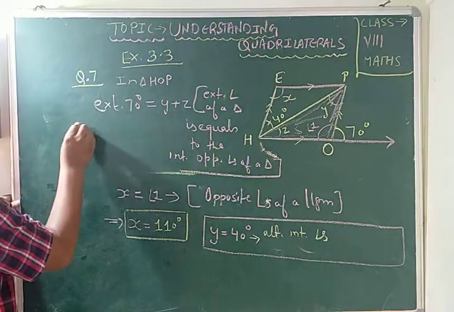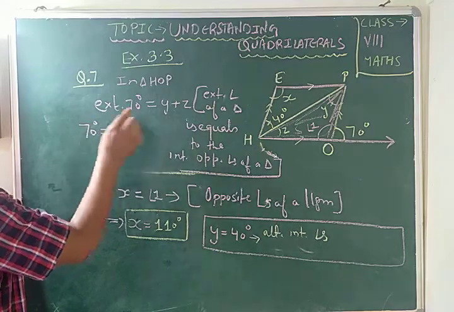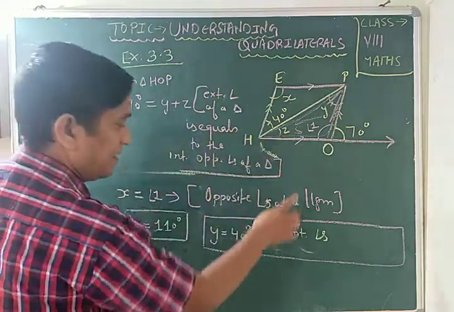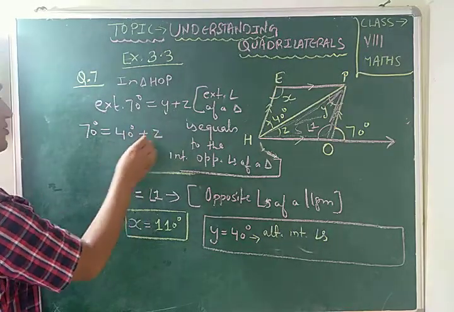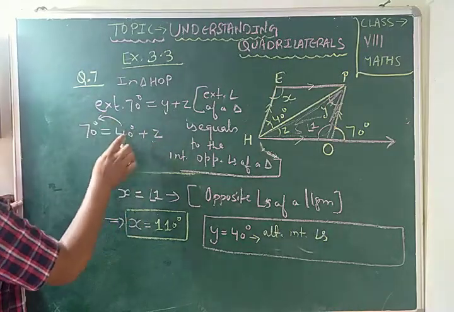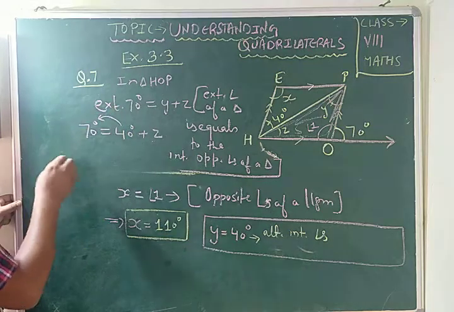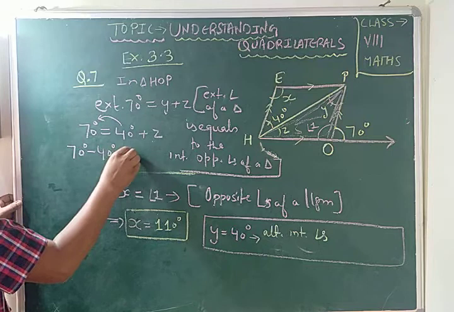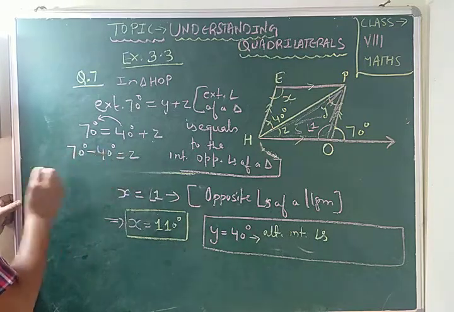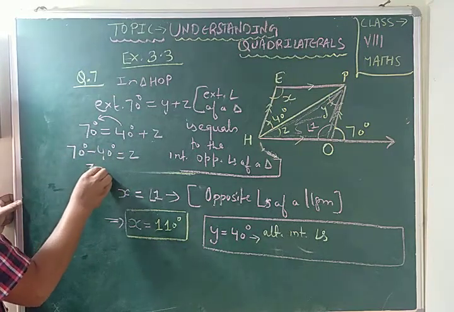So it means 70 degree is equal to the value of y, 40 degree, plus z. So z is equal to, now we will transpose this 40 towards left hand side. 70 degree minus 40 degree is equal to z. 70 minus 40 is 30 degree.